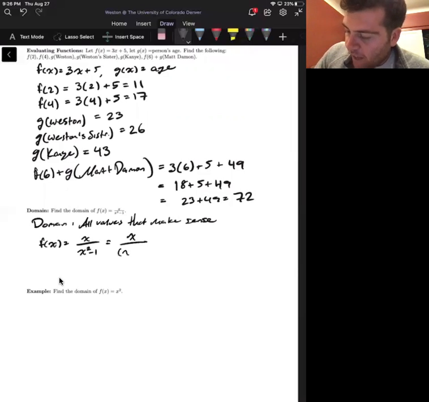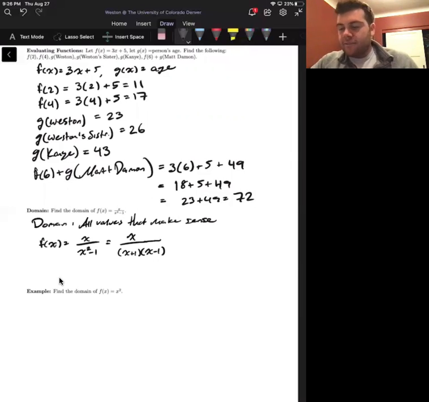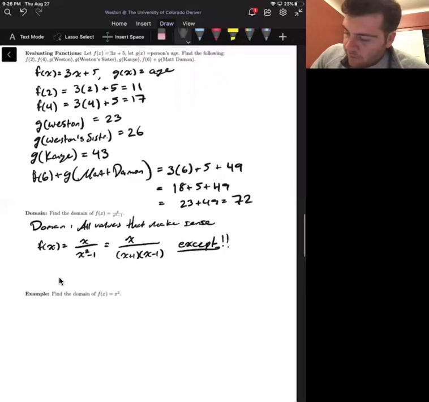We can actually factor the bottom. And then notice that our function is defined almost everywhere, except for x equals plus or minus 1. Now, pause the video and think about why x equals plus or minus 1 doesn't work.